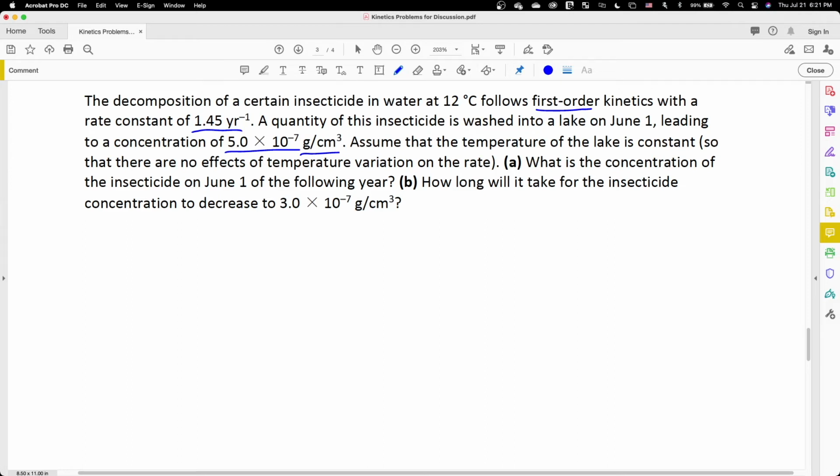If you assume the temperature of the lake is constant so there's no temperature effect on the reaction, part A asks, what is the concentration of the insecticide on June 1st of the following year? And then B asks, how long will it take for the insecticide concentration to decrease to 3.0 times 10 to the negative 7 grams per cubic centimeter? Okay, so we're given everything we need here.